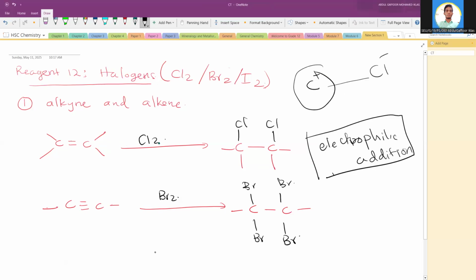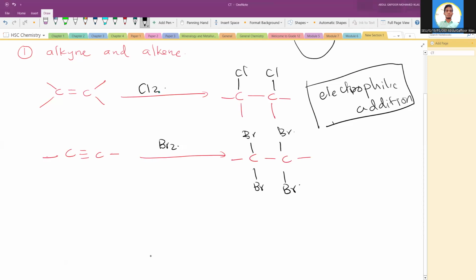Now, there are two terms, electrophilic and nucleophilic. Radicals are a separate thing. Electro refers to negative. What does philic mean? You might have heard of hydrophilic and hydrophobic.